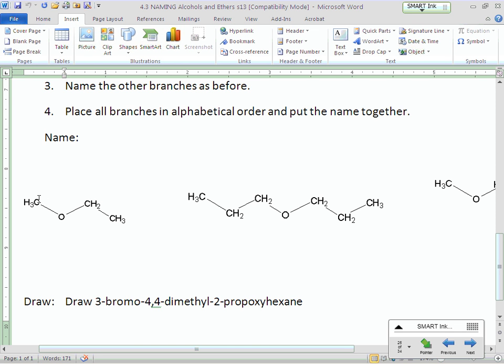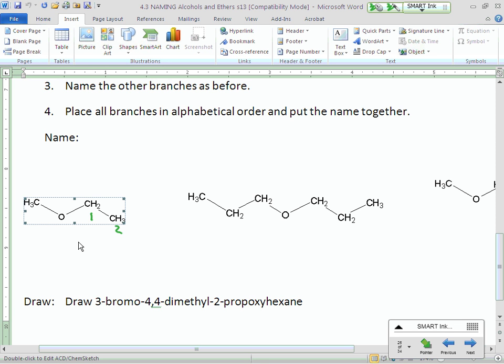So here we have an ether. All right? It's got an O in the middle. We want to name this thing. We need to break it into two chunks. We need to break it into the parent and then the shorter one with the oxygen. So here I've got 2 and here I've got 1. So the parent is right here. It's 1, whoops, getting my pen. It's 1, 2.